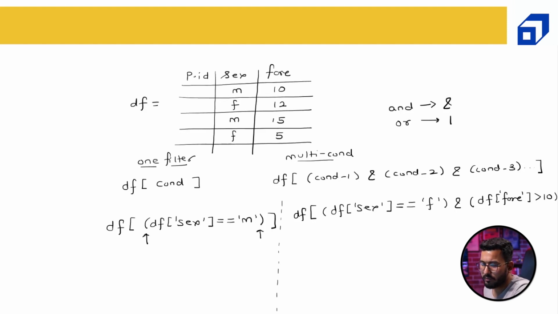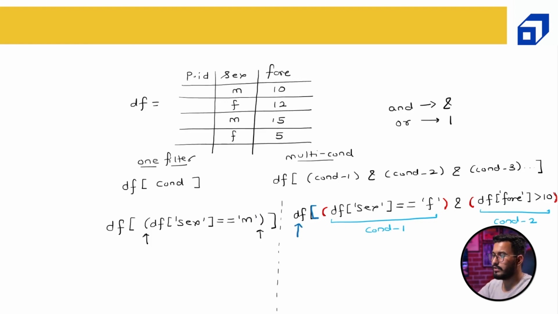If you closely observe, these round brackets are compulsory. That's one of the things. This is my condition 1, this is my condition number 2, and we have these outer brackets, which are for indexing my data frame df. That is how we filter a particular data frame on multiple conditions.